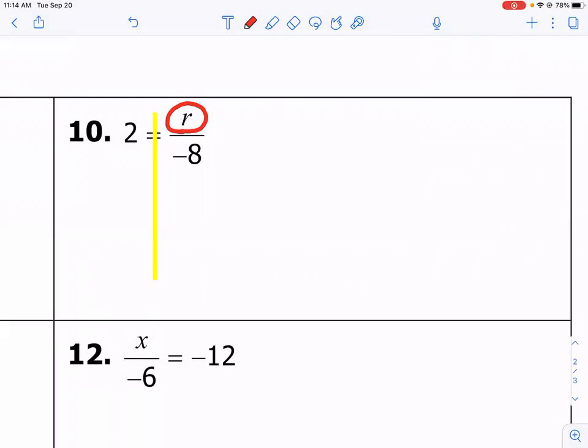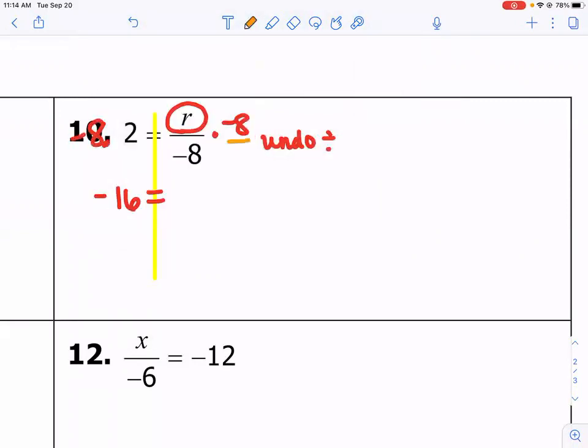Corin, what do we need to do? Okay, this -8 is being divided to r. So we need to undo our division. And to do that, Corin says that we need to multiply by -8 to both sides. So on the left side, we get -16. We have our equal sign.